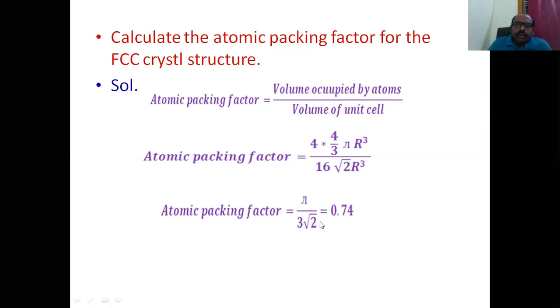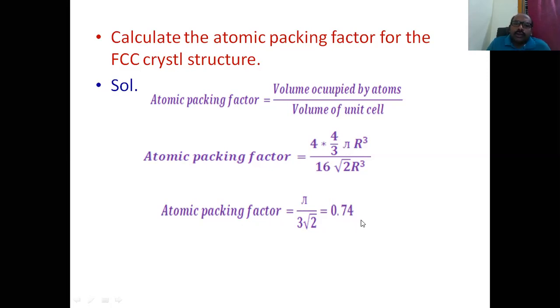If we calculate this fraction, we get 0.74. So it is the atomic packing factor of FCC crystal structure. That means 74 percent filled.